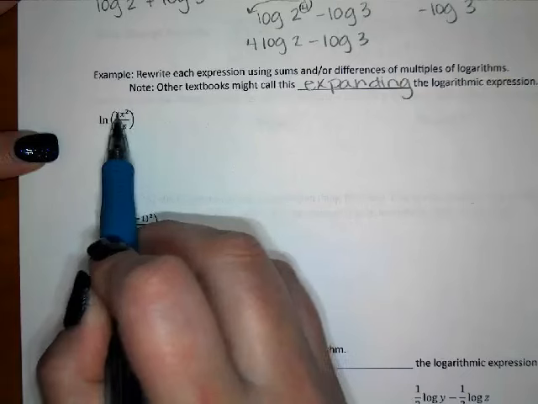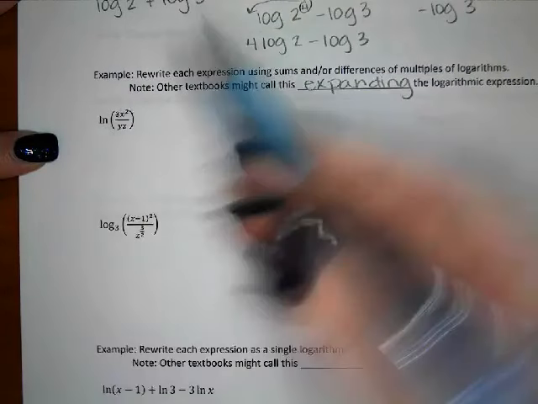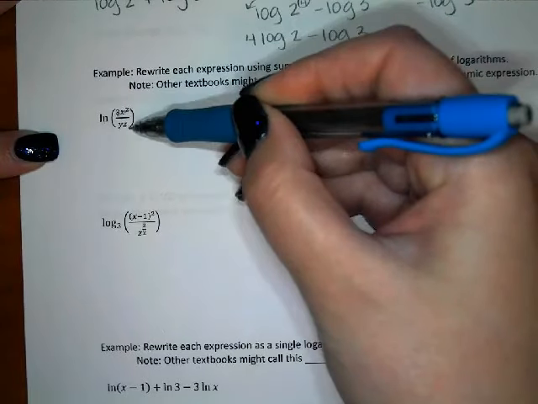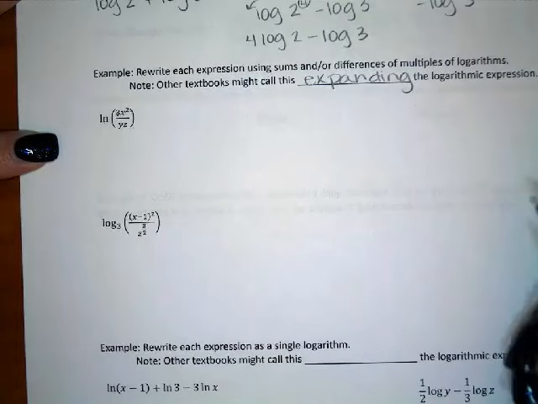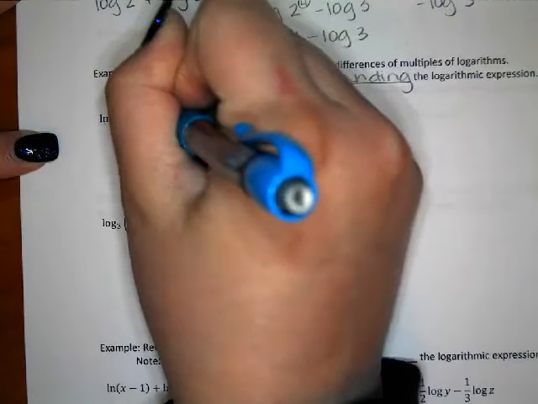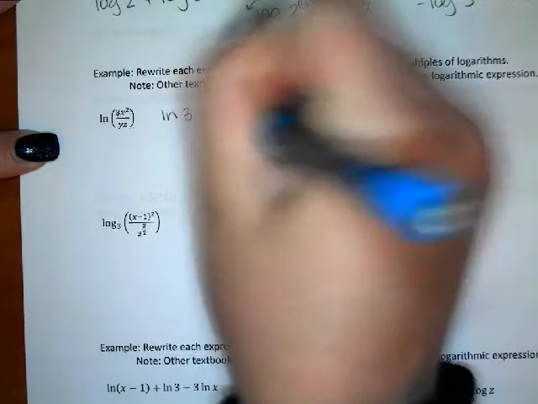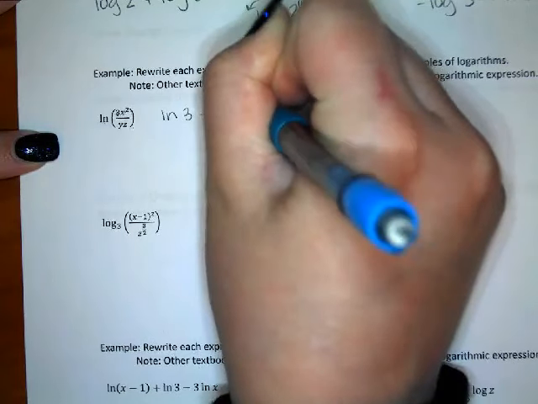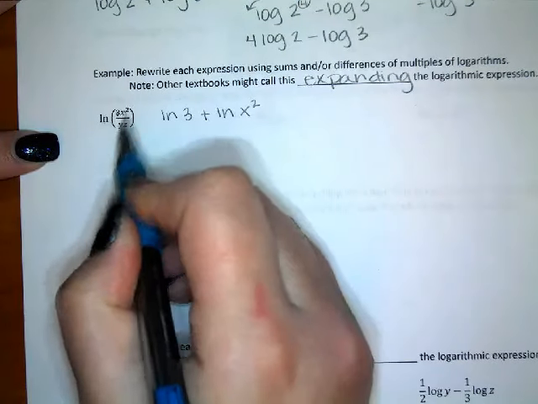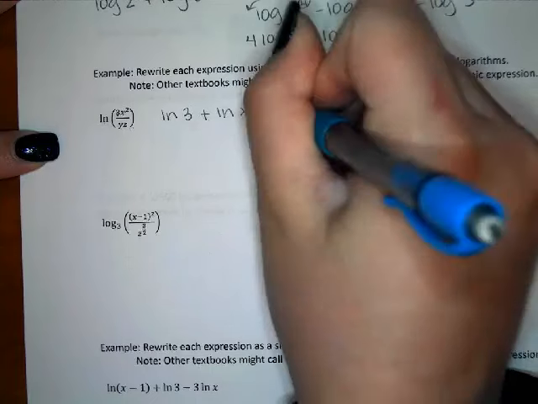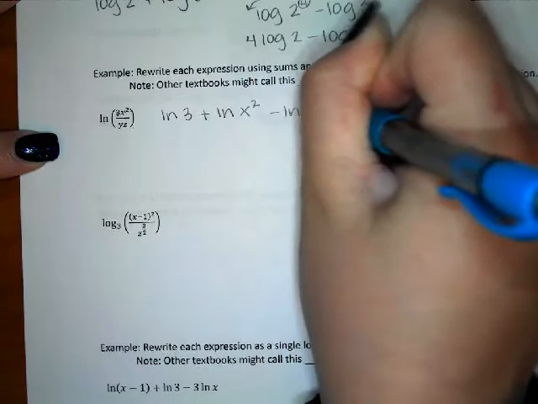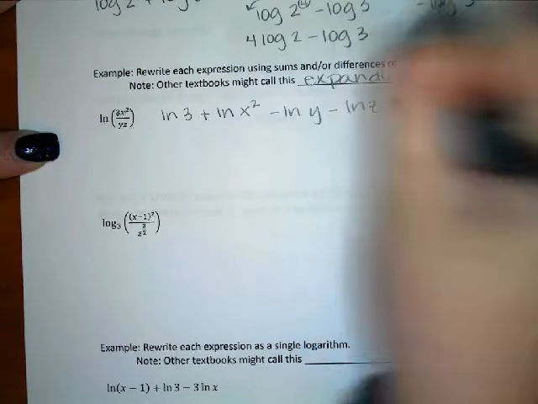Since these are being multiplied together, I'm going to have a plus between them, and then we have a division problem, so we're going to have a subtraction sign right there. So for the numerator, I have ln 3 plus ln x squared. And then the rest of it is division, so I'll say minus ln y minus ln z.